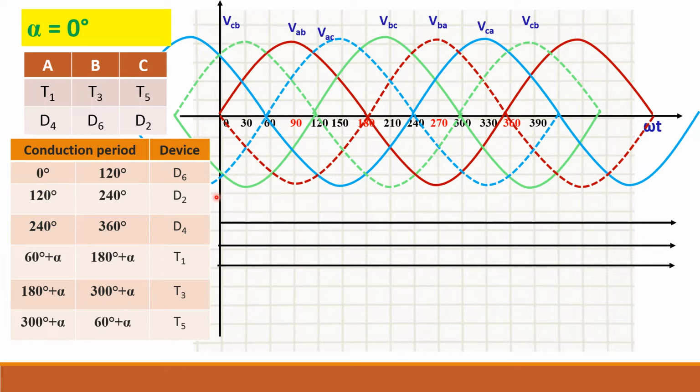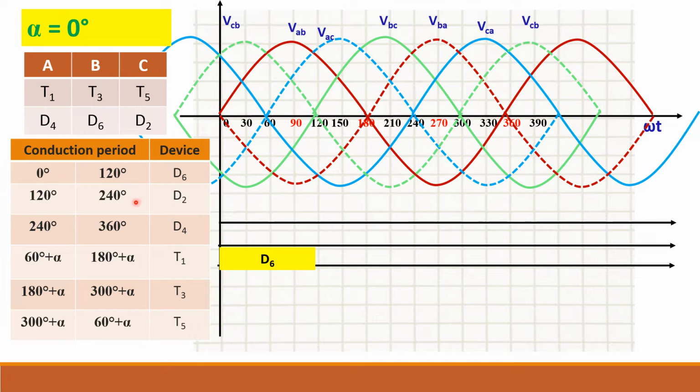If you see here, from 0 to 120 degrees, this green and this brown dotted line are more negative. What are these waveforms? Green is VBC, and here VBA. Both are B phase waveforms. That is the common term here, B phase. So D6 will conduct from 0 to 120 degrees.